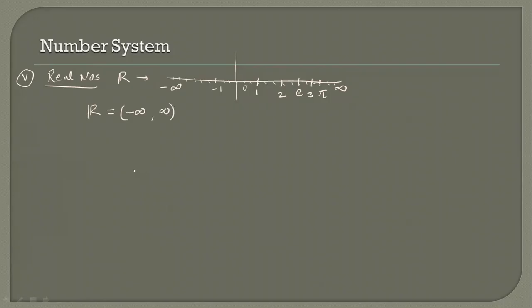Now I'm using here, you can see, this is one type of interval. So let's define what an interval is. First is closed interval. It is represented as closed interval a comma b.